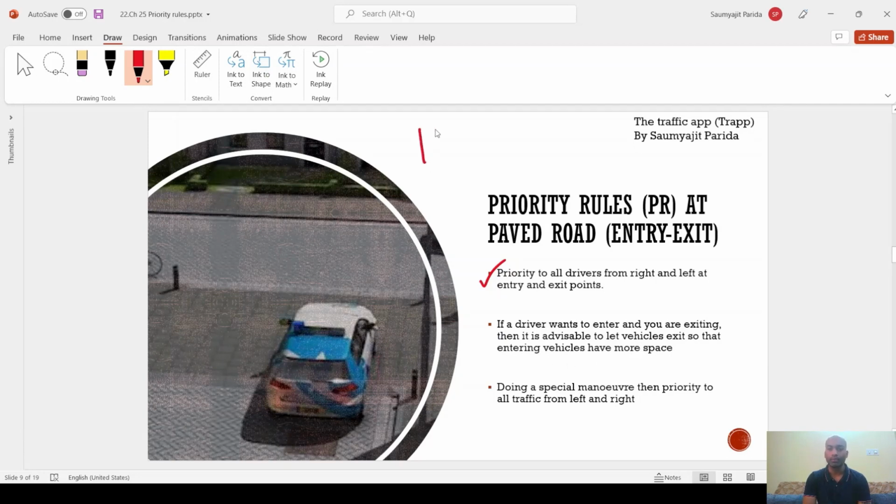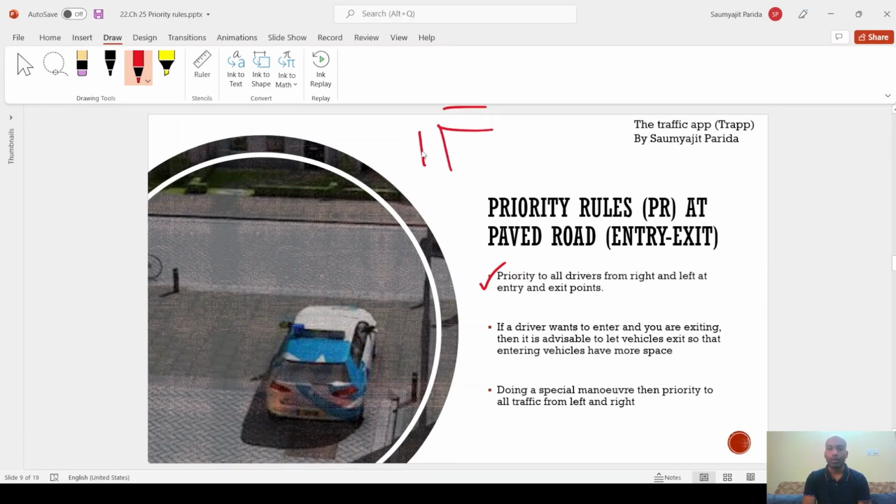For example, if this is a road and this is a road, and I want to enter into this road, then first allow the driver here to exit, and then there will be sufficient space, because the underlying assumption is that this road is a minor road and this is a major road, so the width is less.